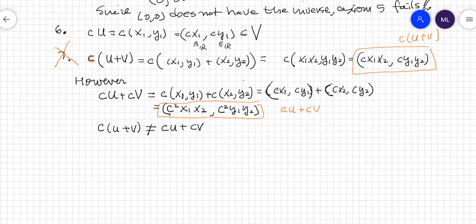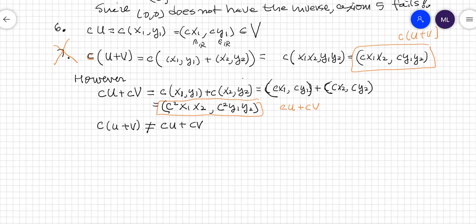And then axiom number 8. 8 is (c plus d)u, where c and d are constants, u is (x1, y1).